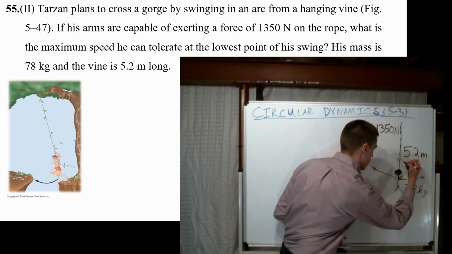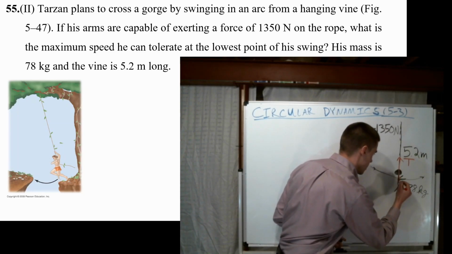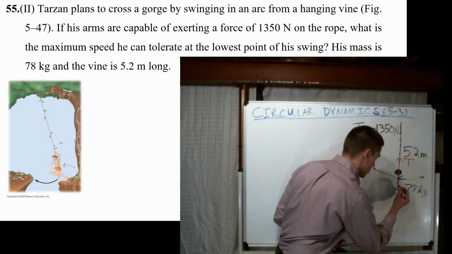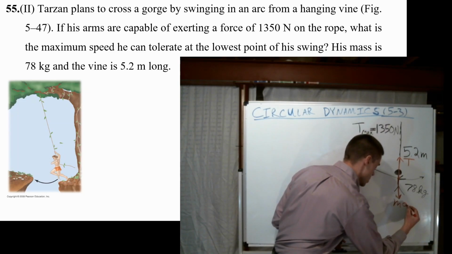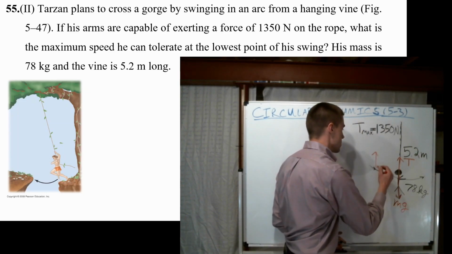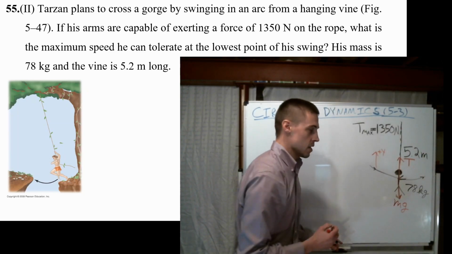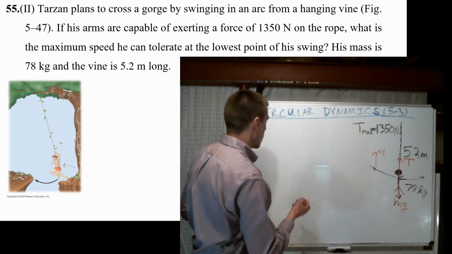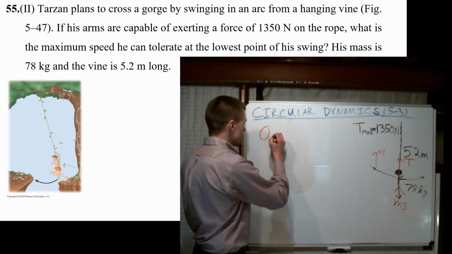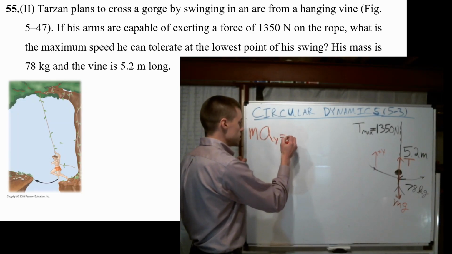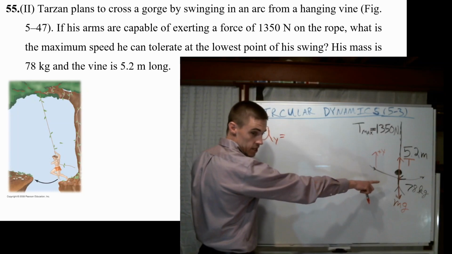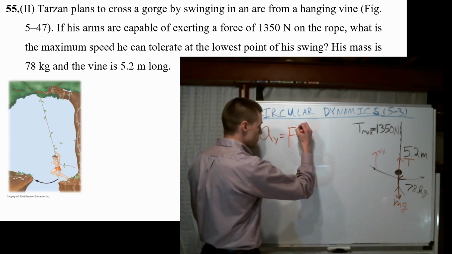There is a tension force pulling up on Tarzan, and there is a gravitational force pulling down on him, right? His weight is mg. So if I set this to be the positive y-axis, then I can set our mass times acceleration in y to be the net radial force, right?